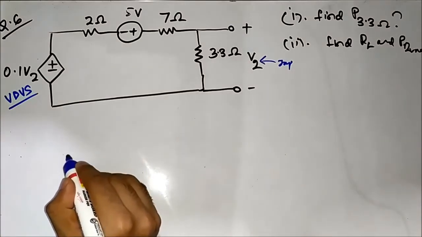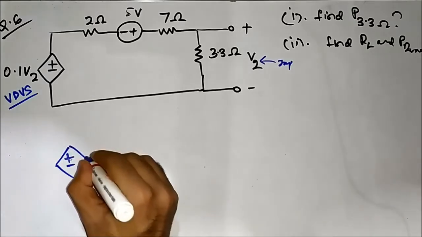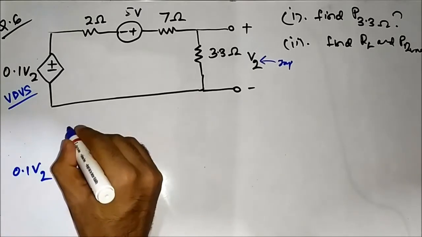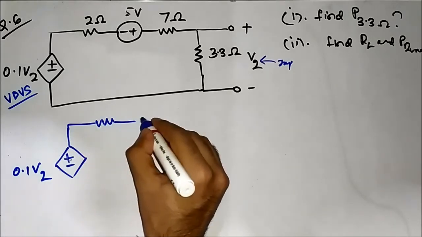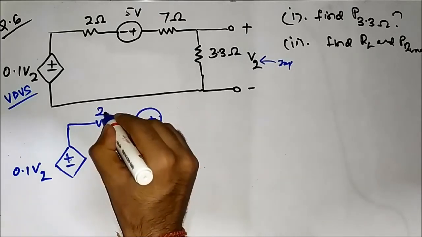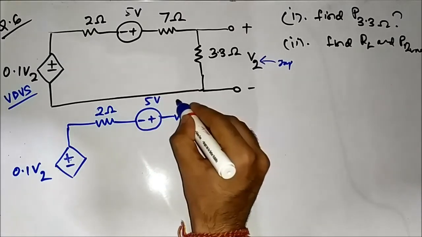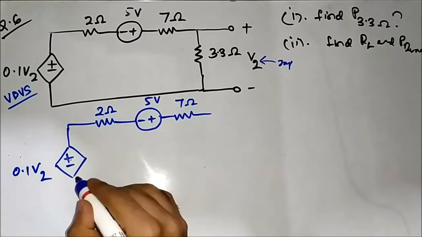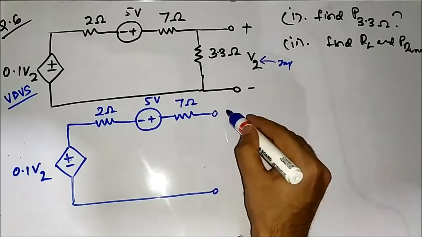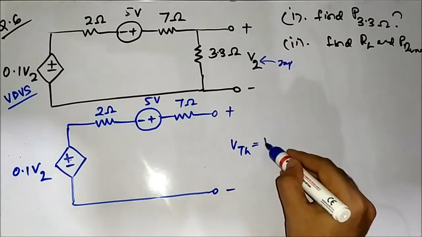So we have 0.1 V2, this is 2 ohm, this is 5 volt, this is 7 ohm, and we have opened it, so it is VTH, which is equal to V2.